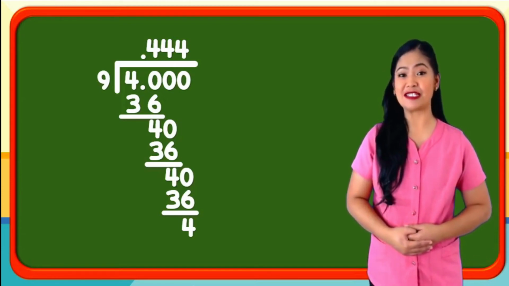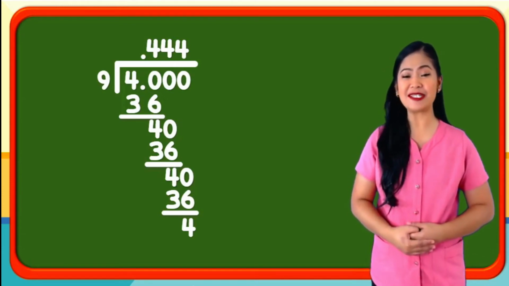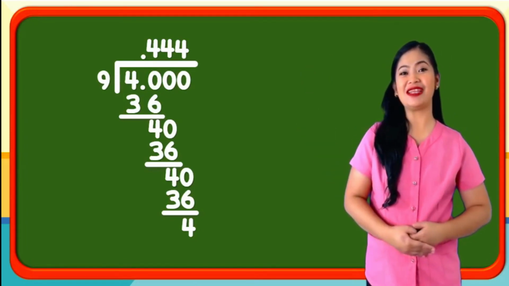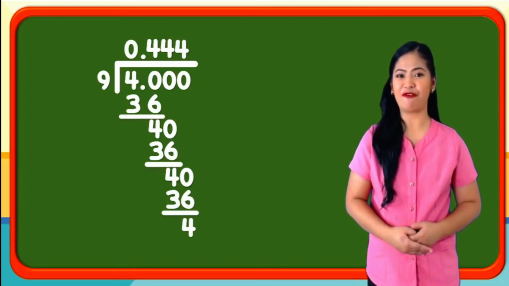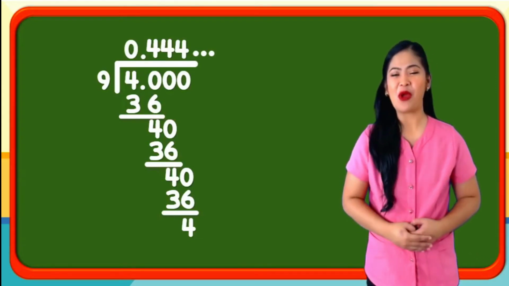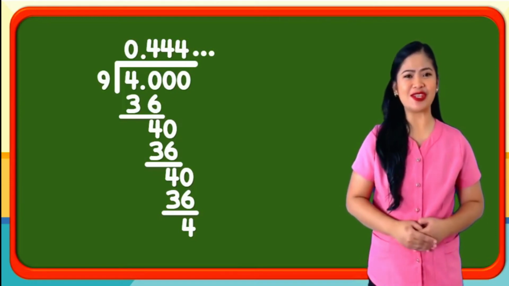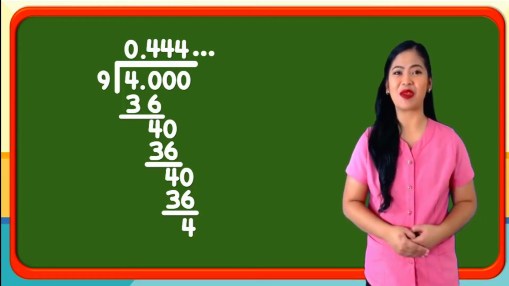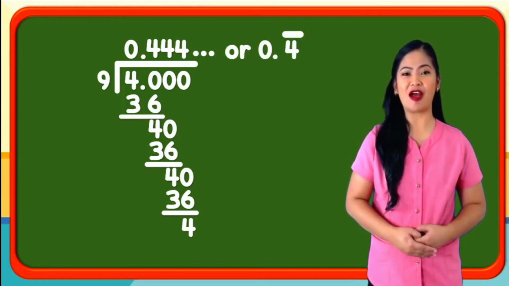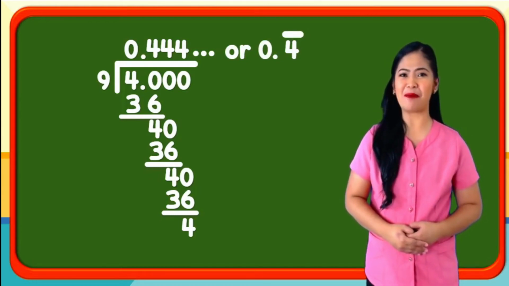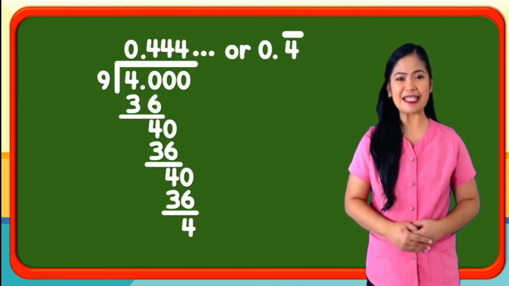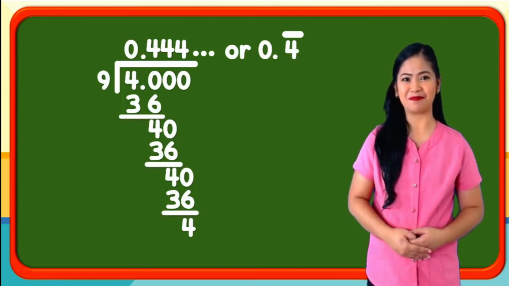And since there is no number written in the units place, we are going to write 0, which leaves us with 0.444 and write 3 dots after, which means that it just continues infinitely. Or we can write it as 0.4 with a bar called vinculum above 4, which also means that the number just repeats itself infinitely.